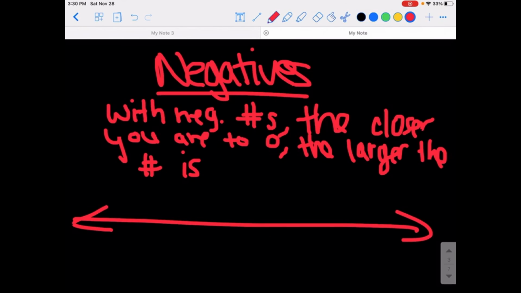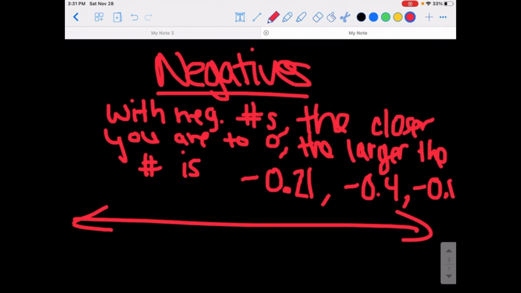So what I mean by that, if I have 3 rational numbers, for now we can say negative 0.21, negative 0.4, and negative 0.1. Since all of these are under 0, I would just put 0 off here.